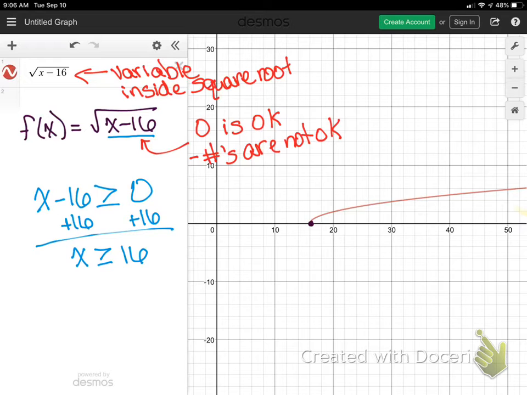So the domain of this function is all numbers 16 or greater. Do you see how I have the bracket for that one? I have the bracket because 16 is included. And on the graph, you're going to have a solid dot there, because 16 is allowed. 16 is okay.